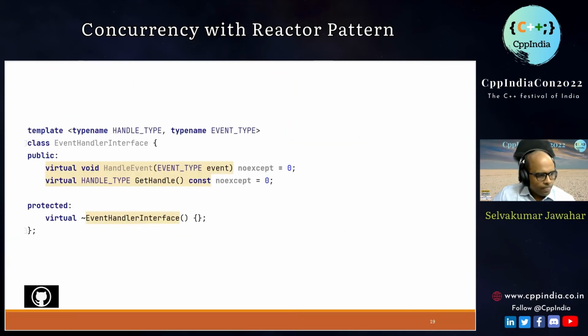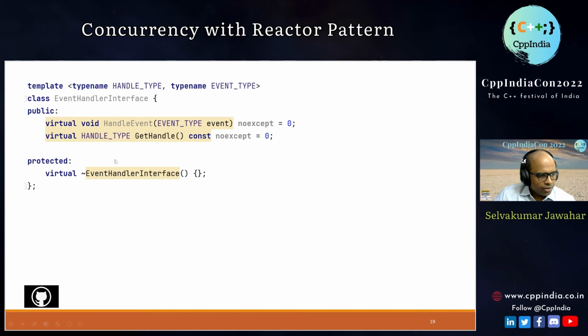This is the event handler interface, an abstract interface. Here we have parameterized the handle type and event type. This is because in our application we sometimes use 0MQ, and the handle type and event type of a 0MQ message queue are different.